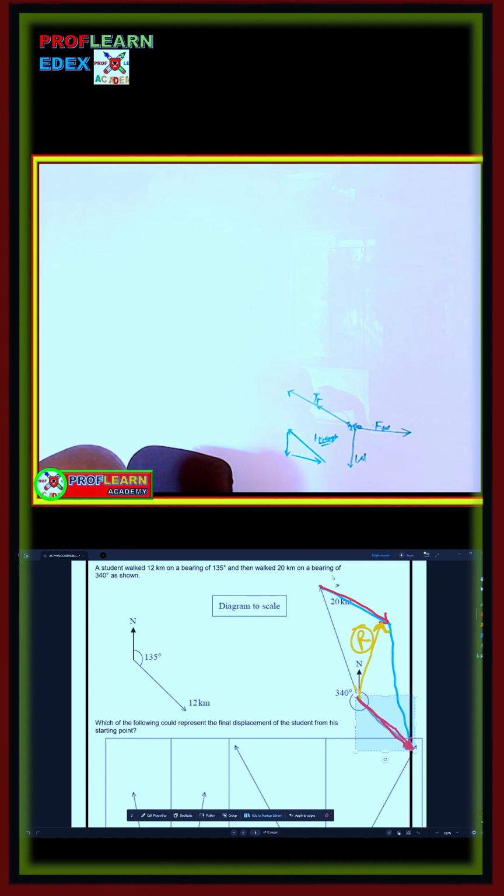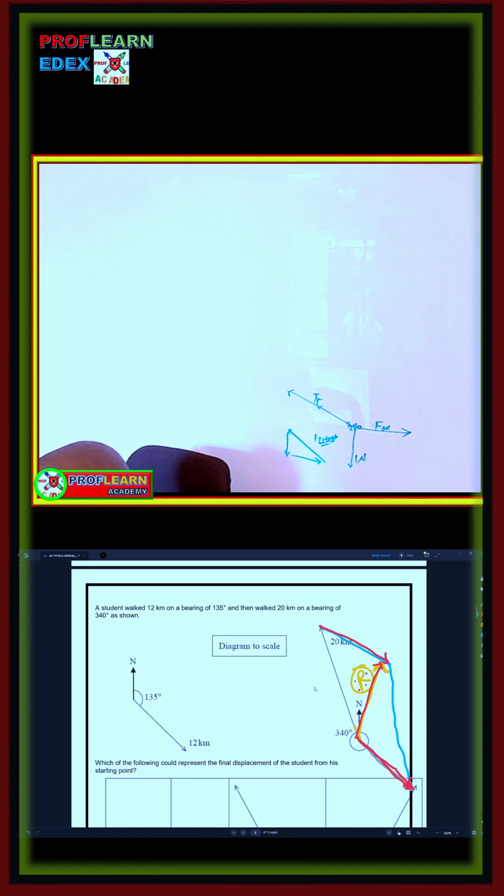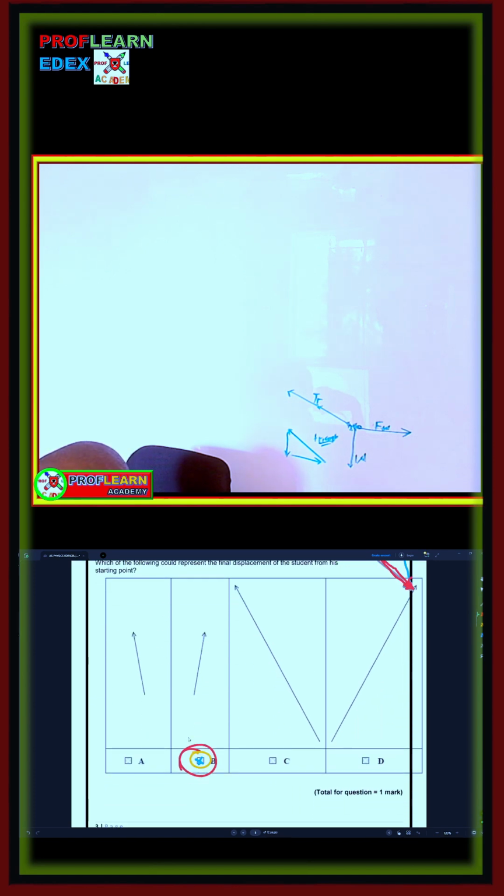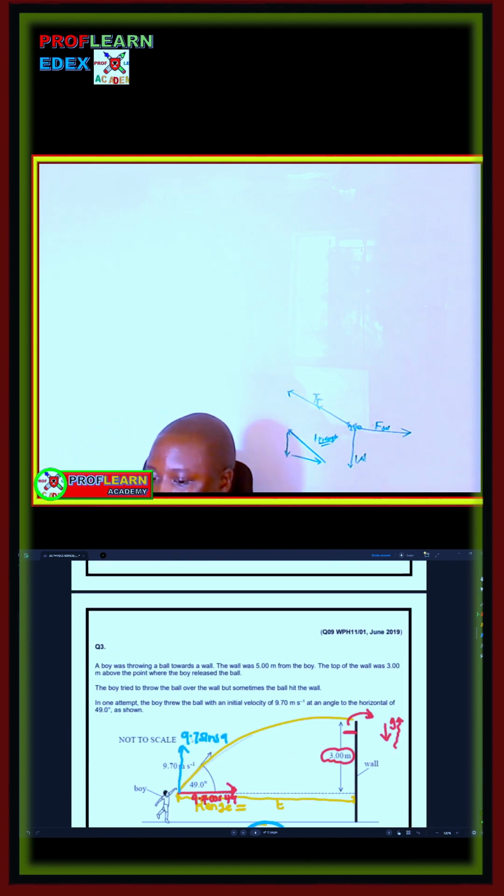So we shall have a parallelogram joining this way, and then the resultant vector becomes the diagonal of the parallelogram that we have obtained, and the resultant vector will be acting in that direction. And if we look at the options, that is actually B.